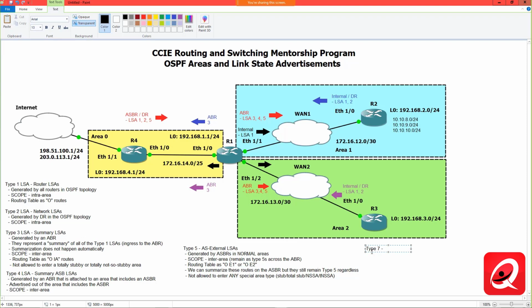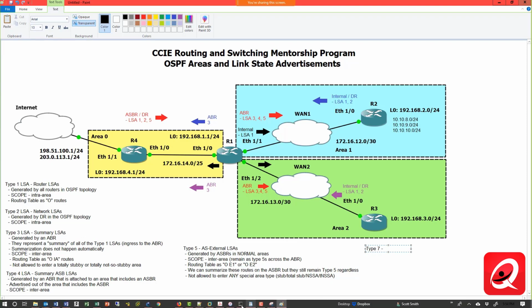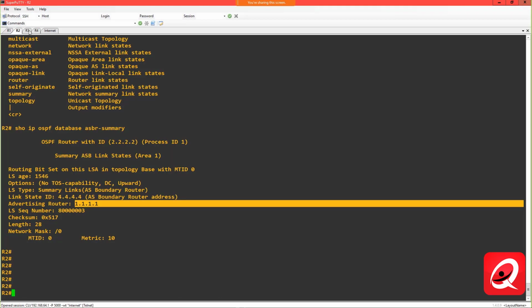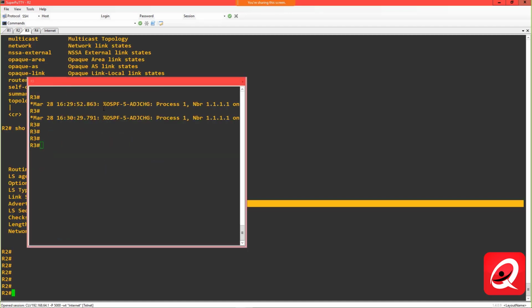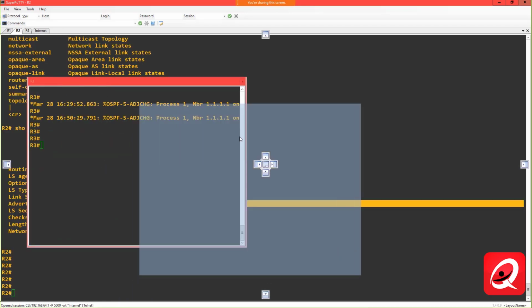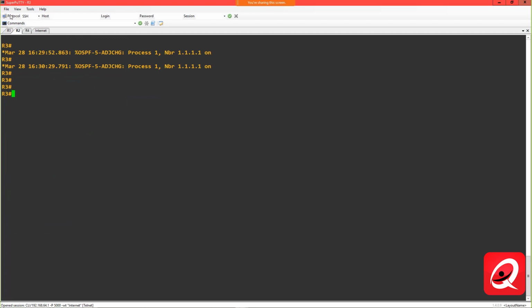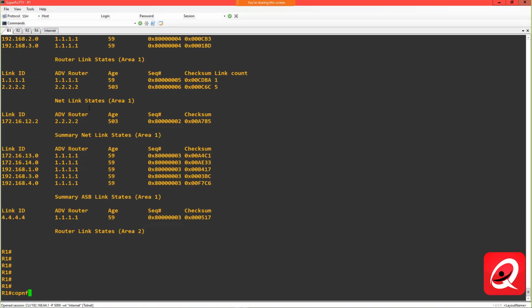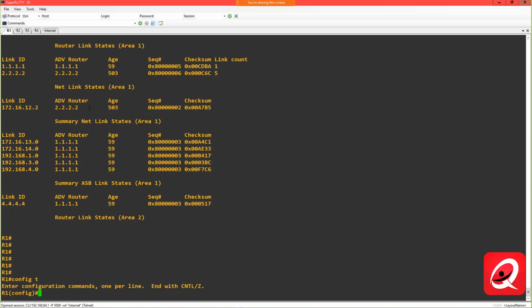Let me see if I can actually generate some type 7 LSAs in our topology here. Let's go into router 3. And actually, we need to go into router 1 first. Type 7 LSAs are link state advertisements that are advertised by an ASBR that is a part of a special area type.